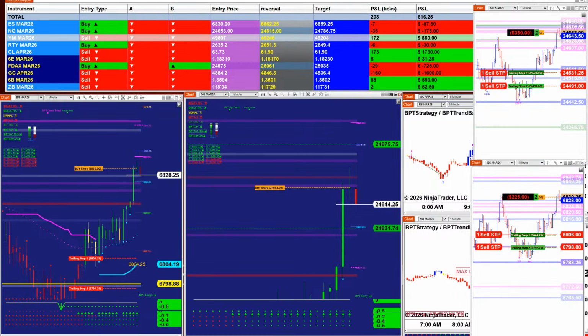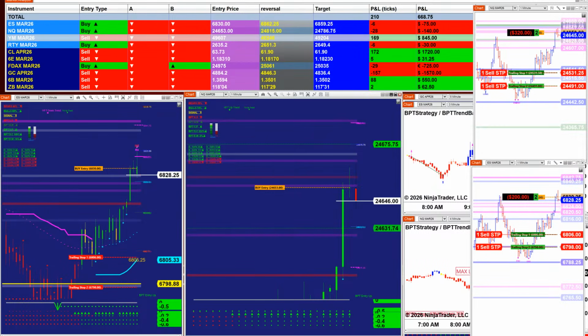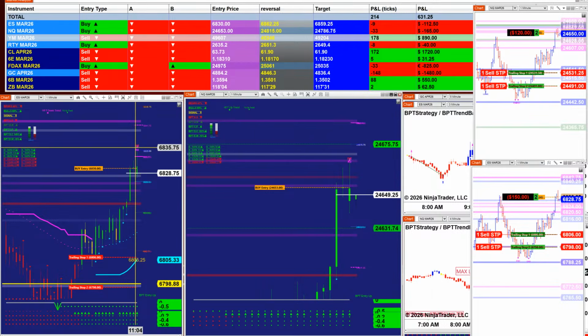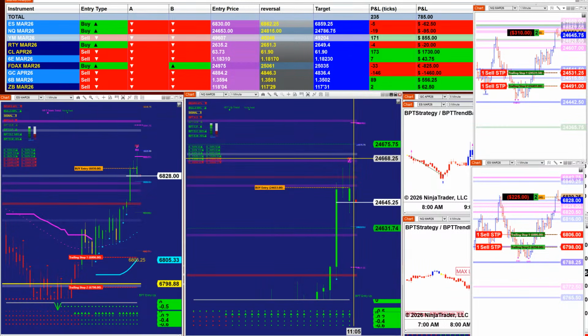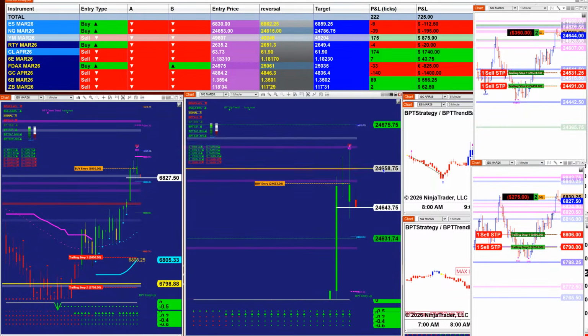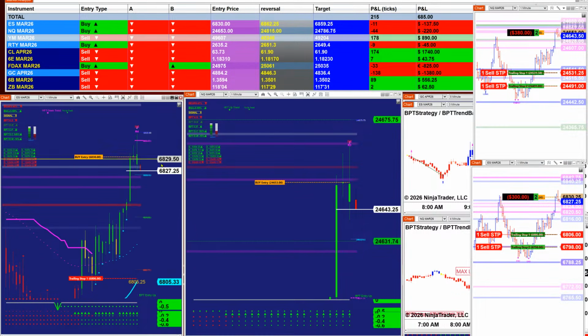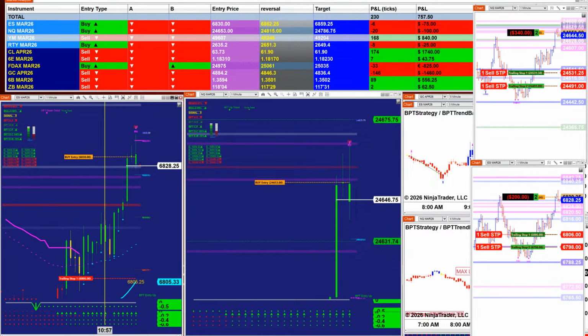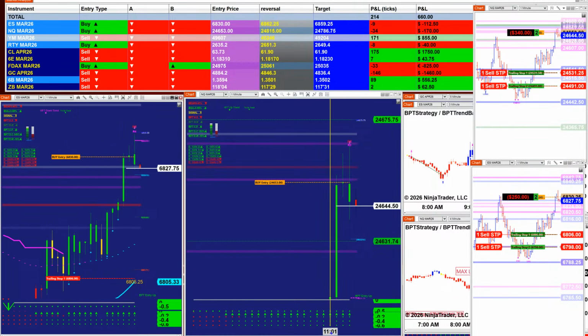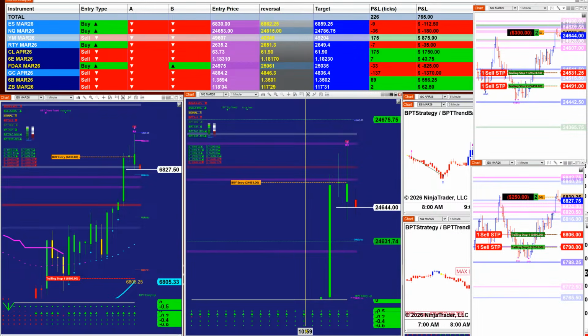You see? And now we have a reversal on the ES. We have a reversal on the Nasdaq. Here, welcome to trading. You see? That's why we need confirmation before we can go long. We need the ES and the Nasdaq to cross this level in order for us to start trading long. Here it is.